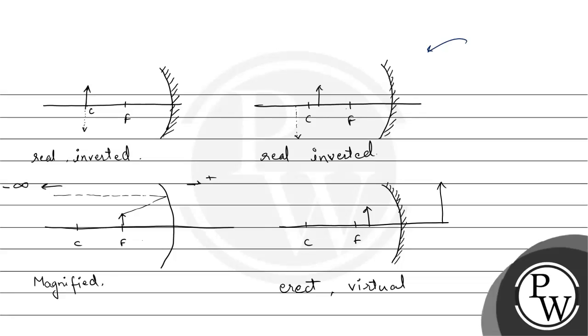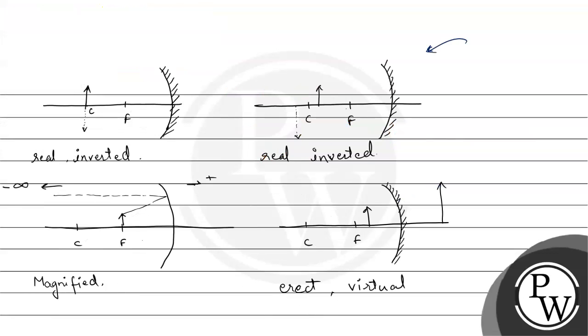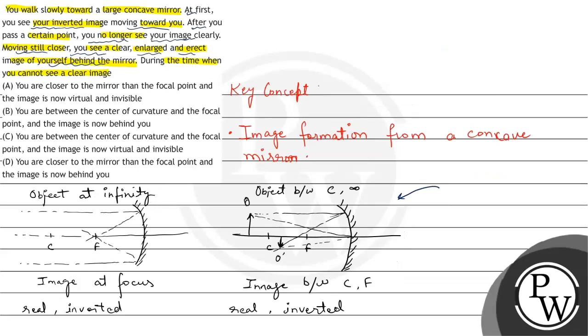Then moving still closer, you see a clear, enlarged, and erect image of yourself behind the mirror, which is our next case. Okay, so when we are at C and until F, and at F also, the rays go to infinity and we again cannot see our image, and hence let us check the options.